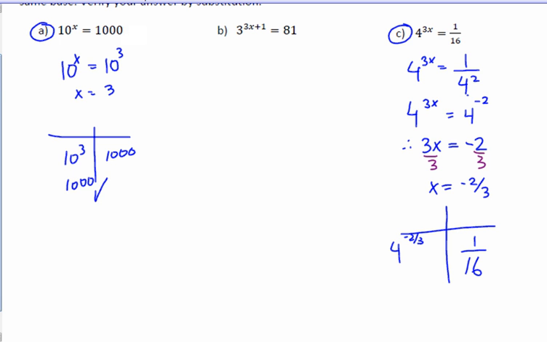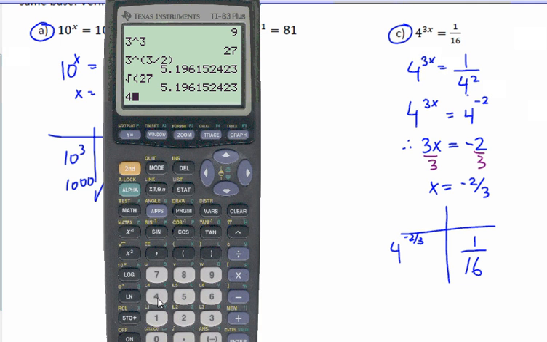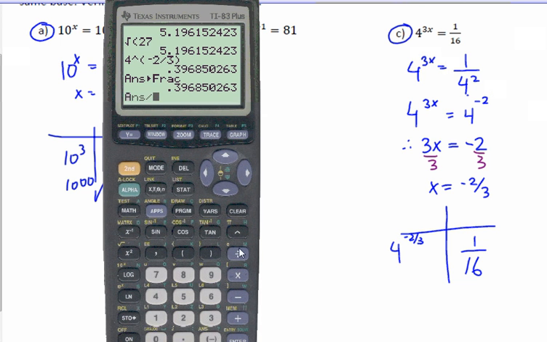So in your calculators, what do you have to remember? Brackets. 4 to the power of -2 over 3. Math, enter, enter. Uh-oh. What did I do wrong? Oh, 1 over 16. So we'll just have to go 1 over 16. Oh, yes.